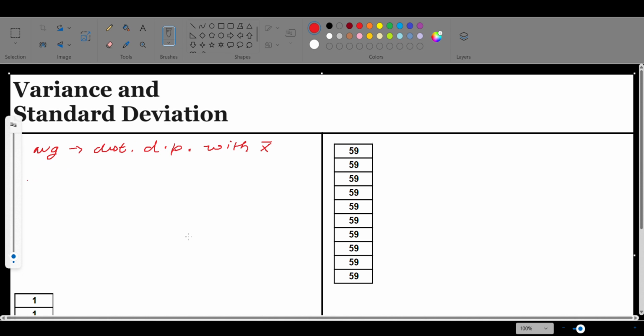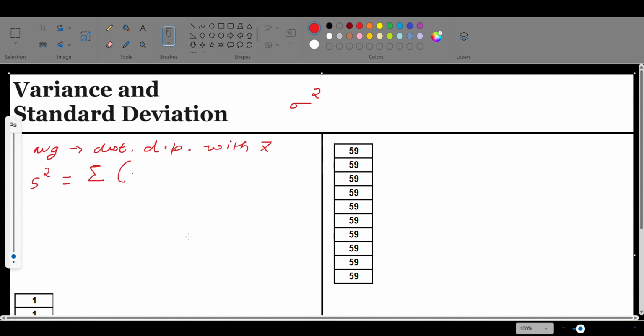Now to do that, so this is represented as S square. That's the variance. Okay. The variance of population data would have been represented as sigma square. Here we'll write S square because this is just sample data. Now S square is equal to the sum of the distance between each data point.